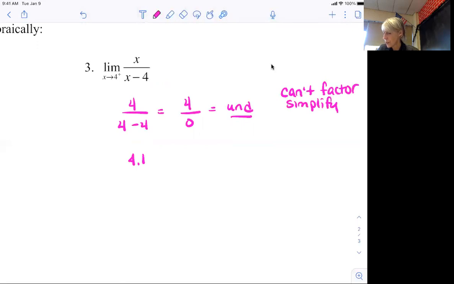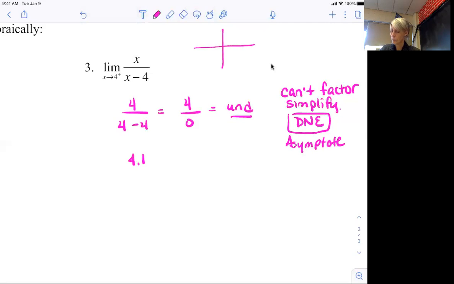Okay, I'm just going to start there for a minute. So when the limit does not exist, we know there's an asymptote. When I plug in 4, I get an asymptote.